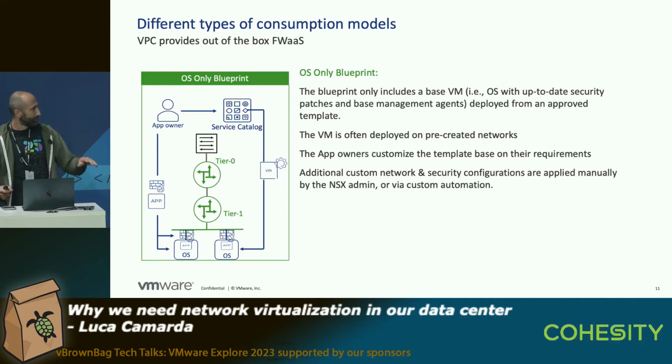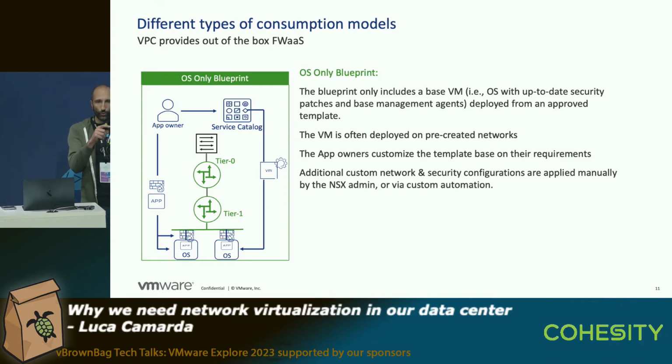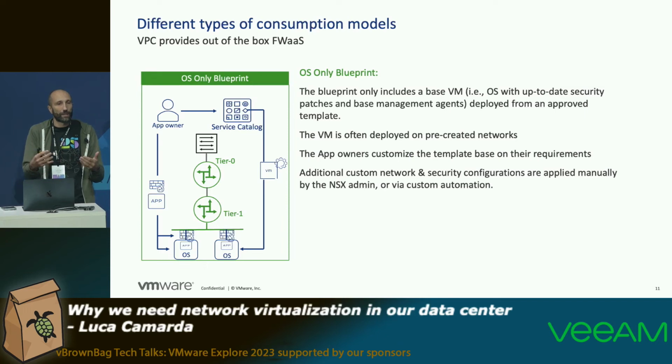Now, if this automation, or you cloning a template, puts the VM in a VPC itself, then you can give the application owner direct access to the firewall and security configuration of this VM, so that they can manage the security themselves.